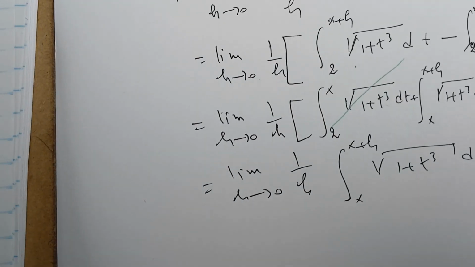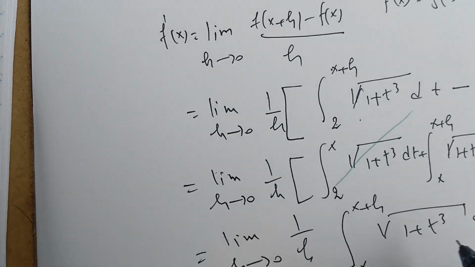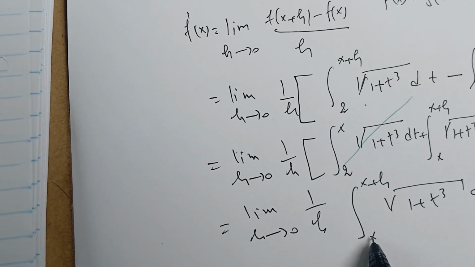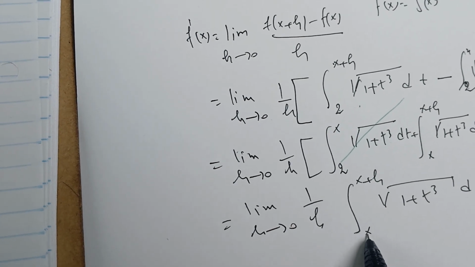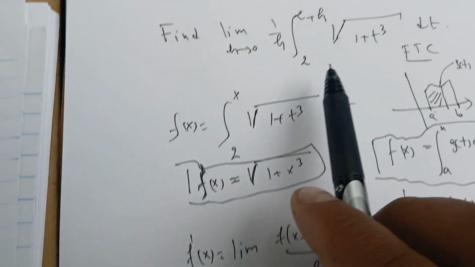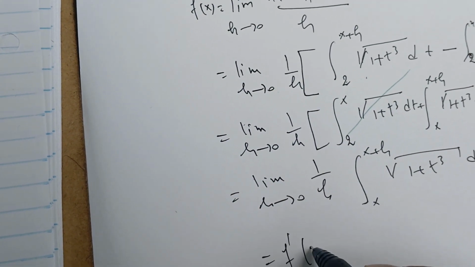Now, what is my integral asking? Compare these two. My integral is asking me to evaluate this derivative for x equal to 2. So this is just f prime of 2.